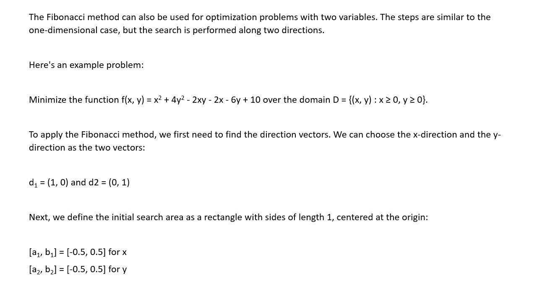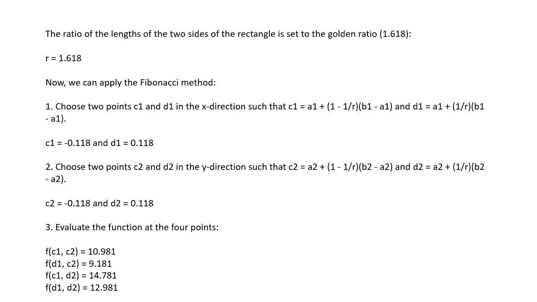Then we define the initial search area as a rectangle with sides of length 1 centered at the origin, and then we get a1 and b1, which is for x, to be from minus 0.5 to 0.5, and a2 and b2 to be minus 0.5 to 0.5 for y. Next, the ratio of two sides of the rectangle is set to the golden ratio, which is the ratio of the nth Fibonacci number and the n minus first Fibonacci number.